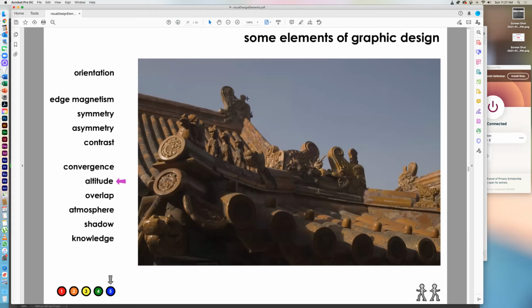But by it being high, we get the feeling that it is farther away. So altitude is one way to reinforce distance. It isn't always correct, it isn't always absolute, but it is one way to connect with people's brains and to put things that are at the top as farther away.